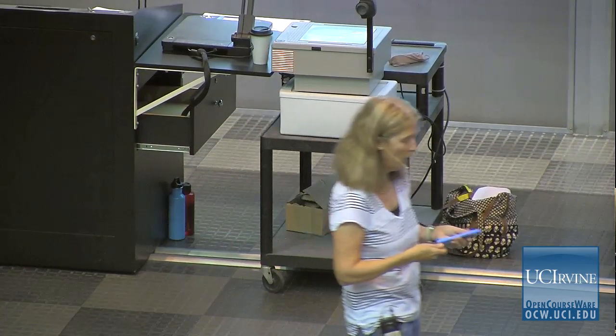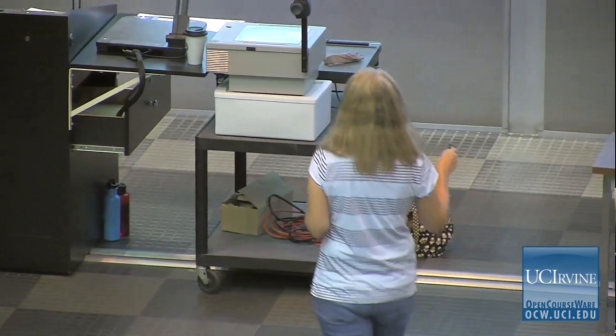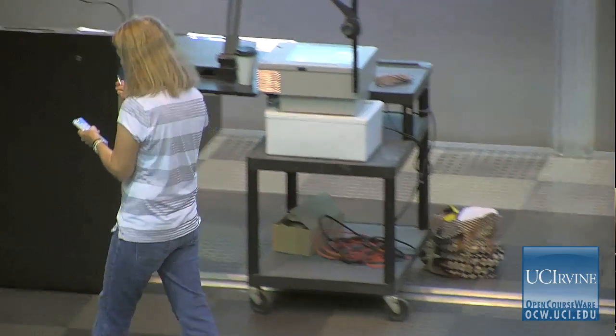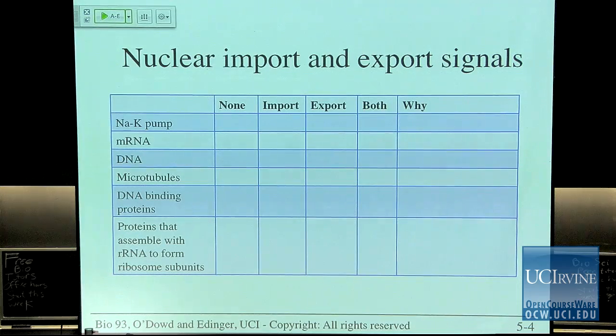No. Does it ever need to go into the nucleus? No. Okay, so now what is your vote? None. Okay, very good. That really helps me. That was a good explanation for why. So you have to think about where these are in the cell and where they're made.